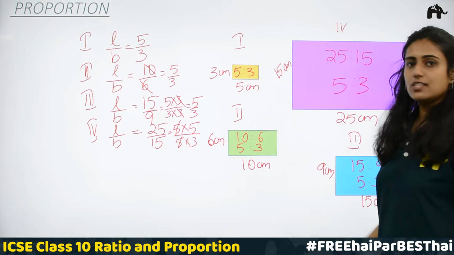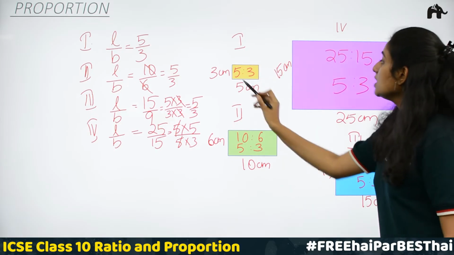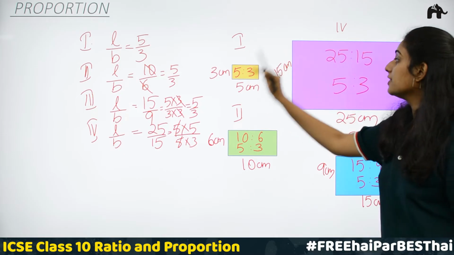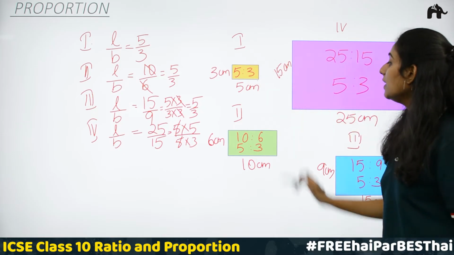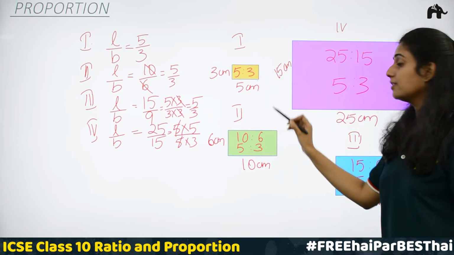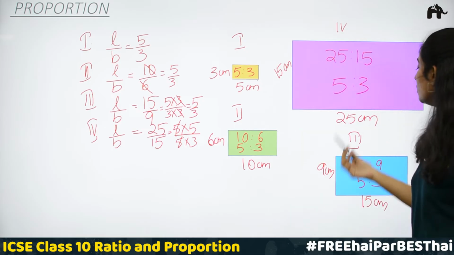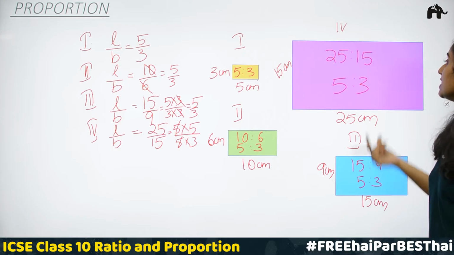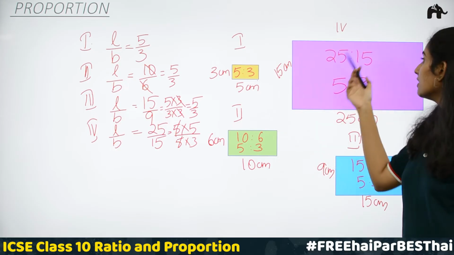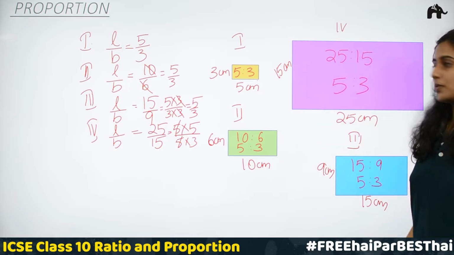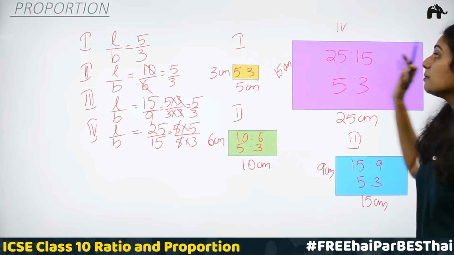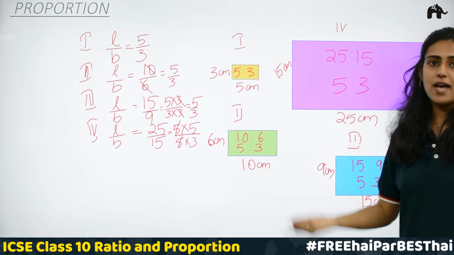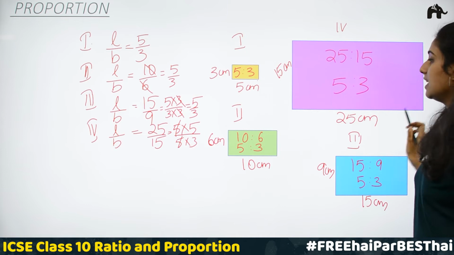So, when we compared the length and breadth of all 4 rectangles, we got the ratio 5:3. That is, the ratio of length and breadth of the first rectangle is equal to that of the second rectangle, which is equal to that of the third, which is equal to that of the fourth. Therefore, proportion is actually a comparison.